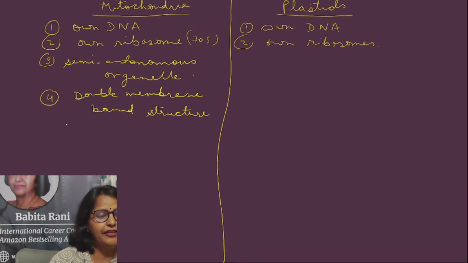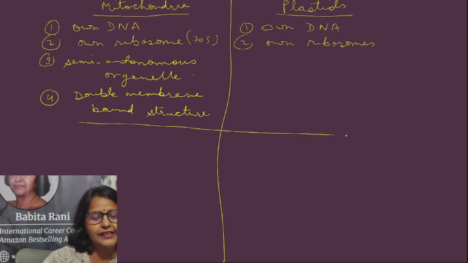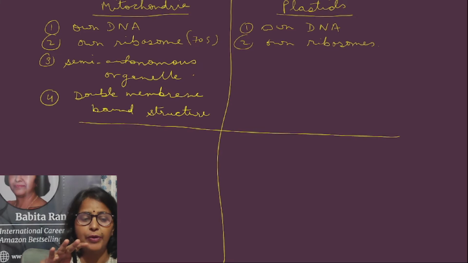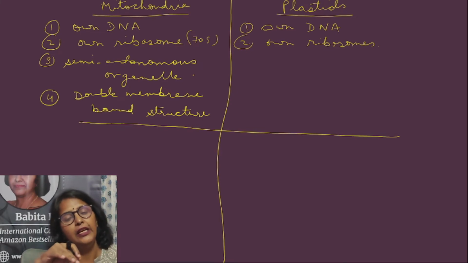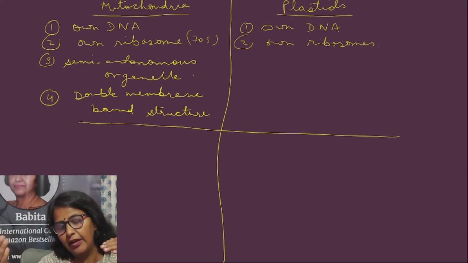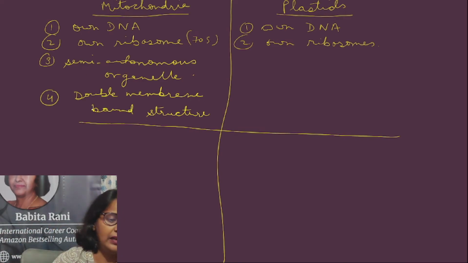Now what are the differences? Both of them are double membrane bound structures, but the inner membrane of the mitochondria is not smooth, whereas inner membrane of the plastid is smooth.